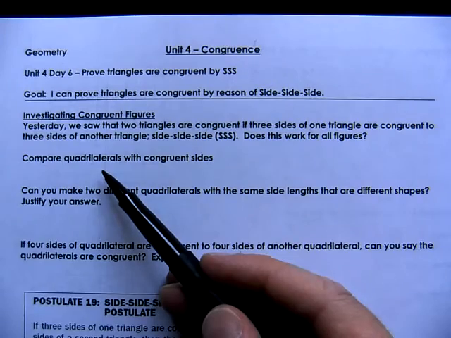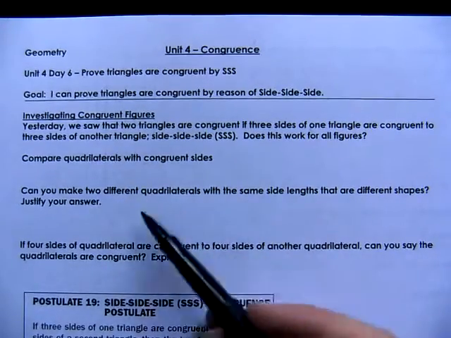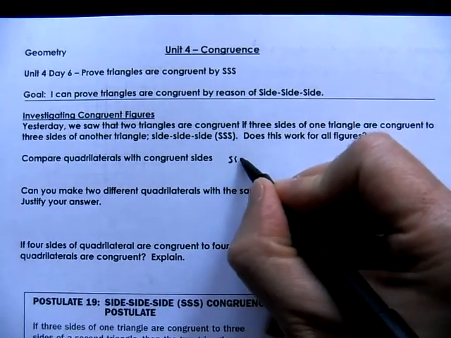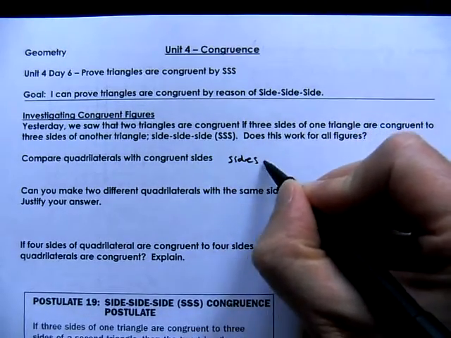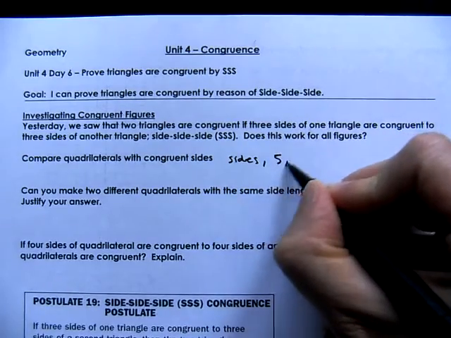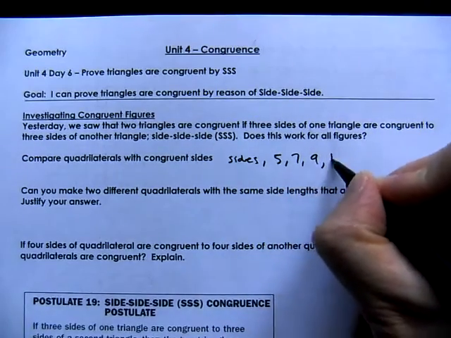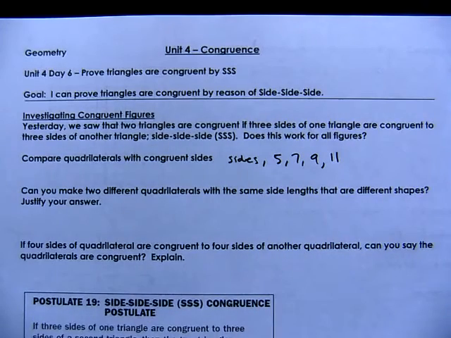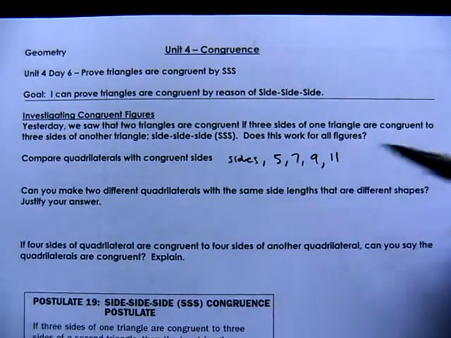Okay, so let's imagine that we're going to draw a quadrilateral here, and we're going to use sides of length 5, 7, 9, and 11, and I'm just going to write the numbers down, and I'm not measuring it specifically, so we'll just kind of make a side look longer than the other, and we'll have an idea of what its length is by putting the number on the side.